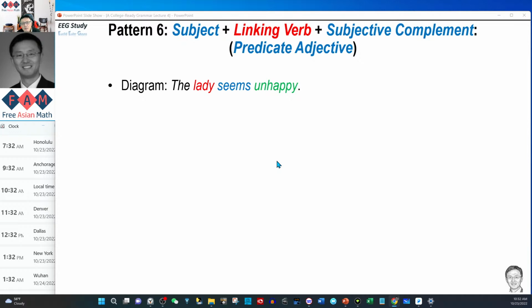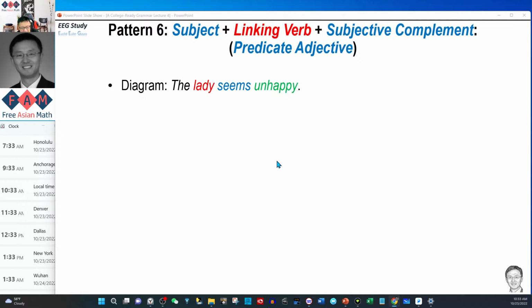So seems is really just connecting this subject, which is a noun, with this adjective, unhappy. So logically, just like the lady is unhappy, unhappy completes the idea about the subject. If we just simply say the lady seems, that's exactly like the case the lady is. The sentence is not complete. It does not tell what the idea is all about.